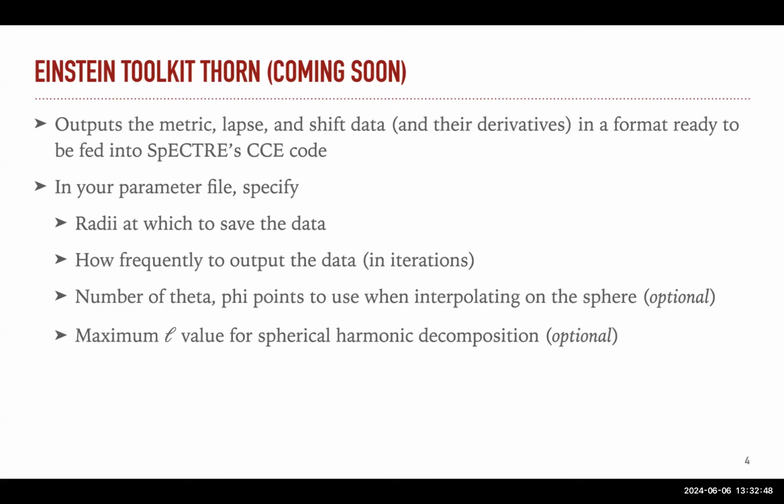What the user will specify in their parameter file is just the radii at which they would like to do the extraction, how frequently they want that in terms of iterations, the number of theta and phi points to use on the sphere, which will be optional with some defaults, and the maximum L value for what your spherical decomposition should go out to.